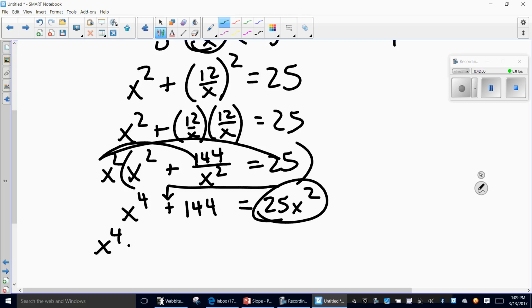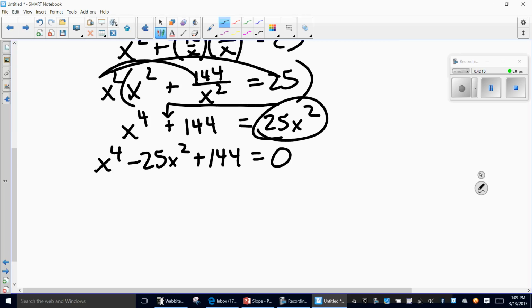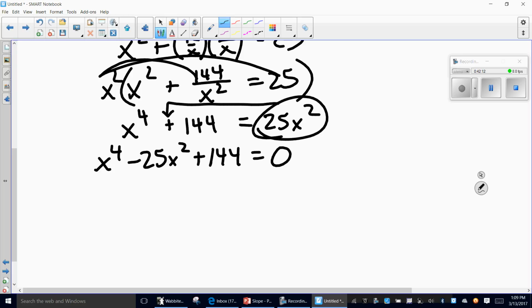So x to the fourth minus 25x squared plus 144 equals 0. Now, I would tackle this problem by factoring. Everybody says, we can't factor x to the fourth? Sure you can. Treat it like a trinomial.